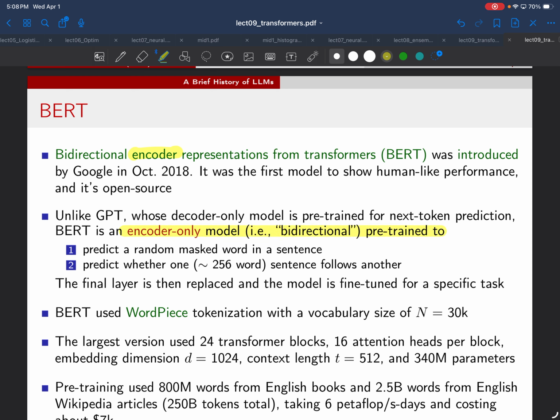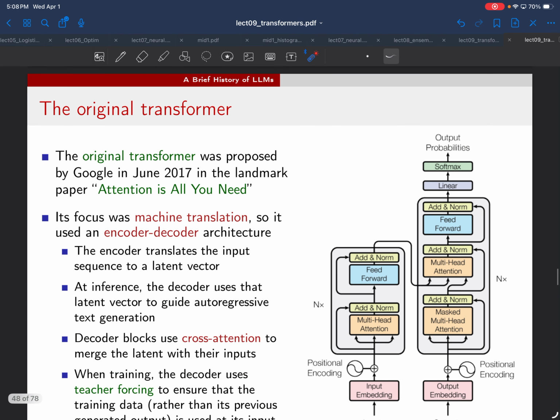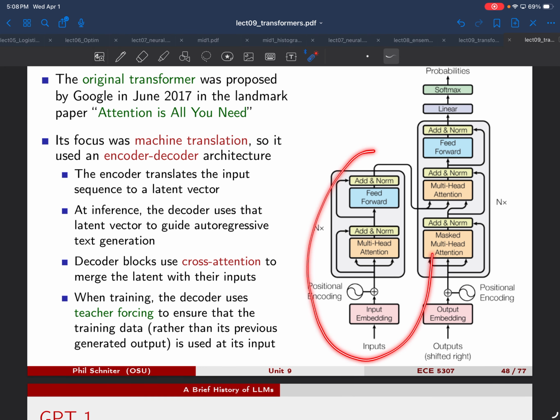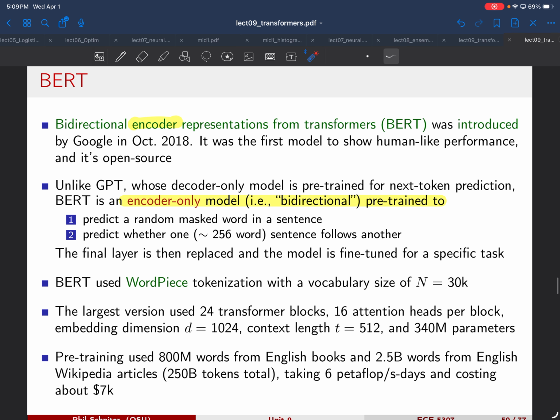Whereas GPT was always doing next token prediction, BERT says, no, let's predict a random masked word in a sentence, and let's predict whether one sentence follows another. So they're using this architecture with no causal masking. They've just changed their objective. And this also worked quite well.